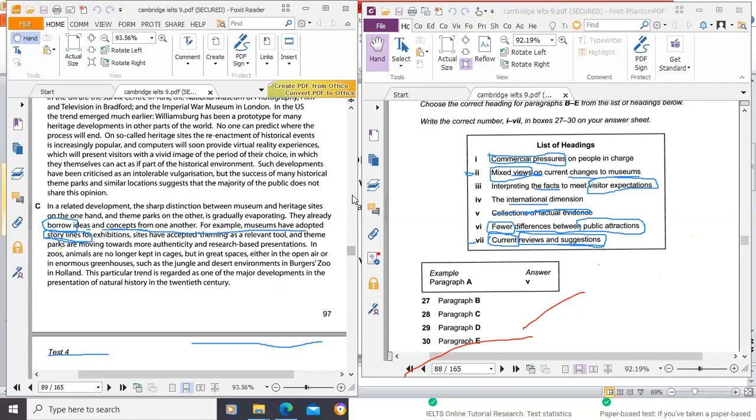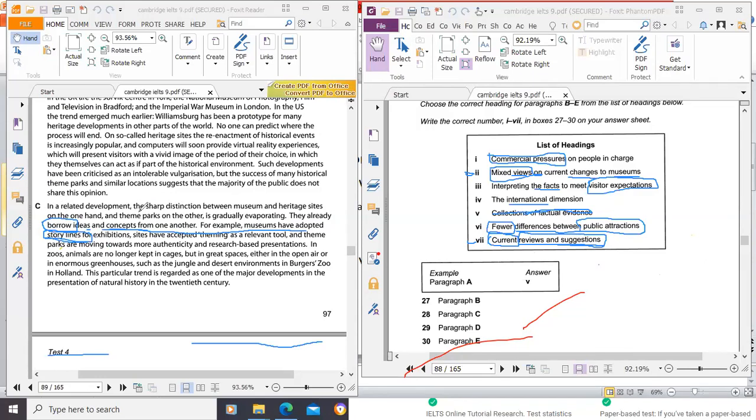Yes. Okay. Now, in paragraph C, it opens by saying, in related development, the sharp distinction between, so I'm going to annotate that.